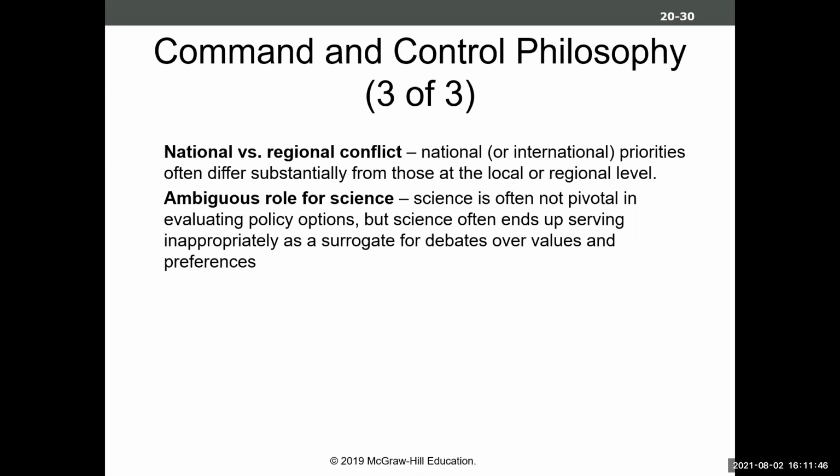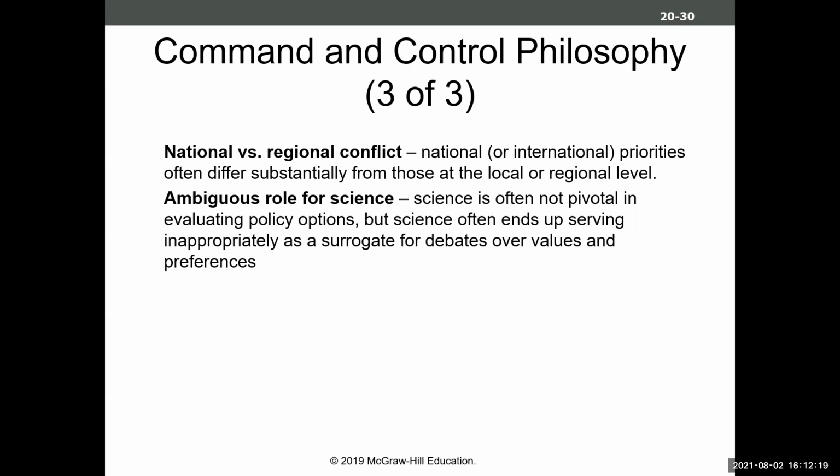And so science is sometimes put in this difficult place where it's sometimes not important in evaluating the policy options, but science can sometimes end up serving inappropriately as a surrogate for debates over values and preferences. So basically meaning that people can take data and contort it to align with their values and use that science in inappropriate situations.